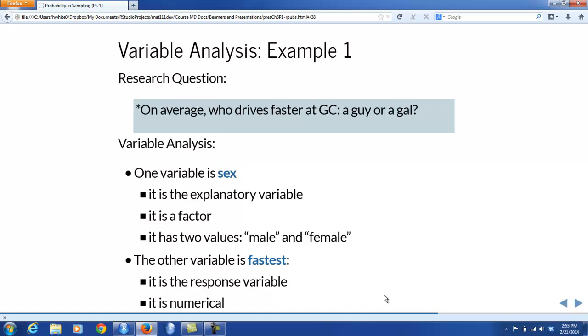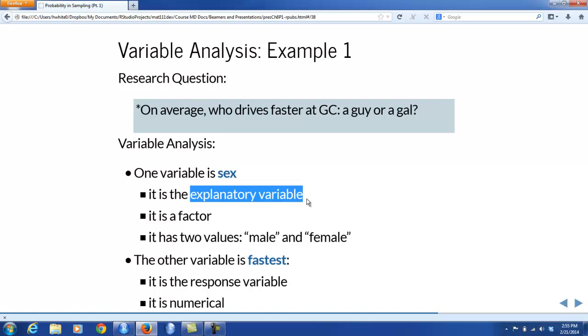Say you've got a research question. On average, who drives faster at Georgetown College, a guy or a gal? Let's do our variable analysis. One of the variables of interest appears to be sex. Another variable of interest appears to be the variable fastest speed ever driven. Now, sex, we could think of that as the explanatory variable.